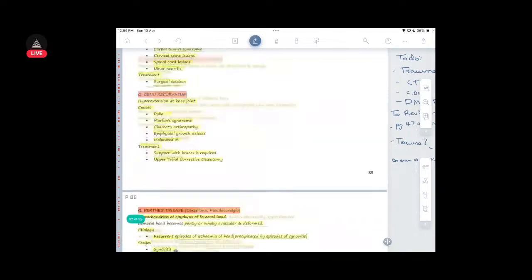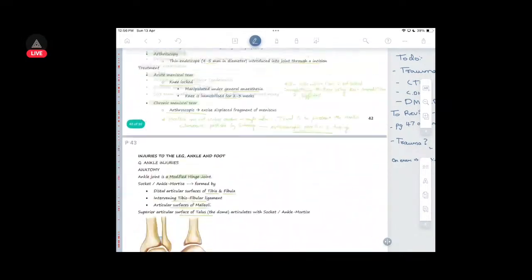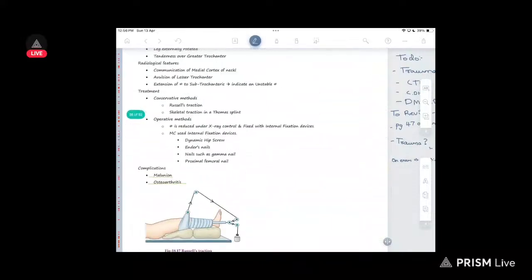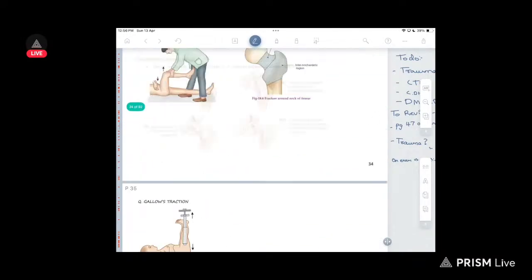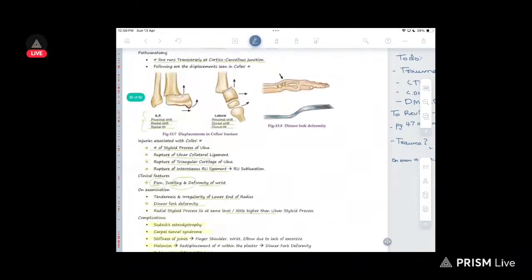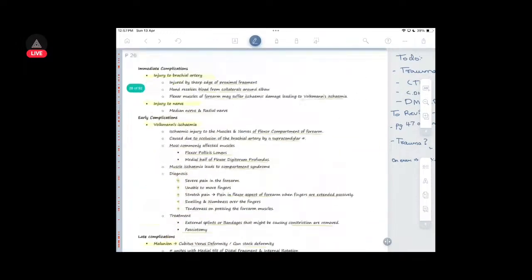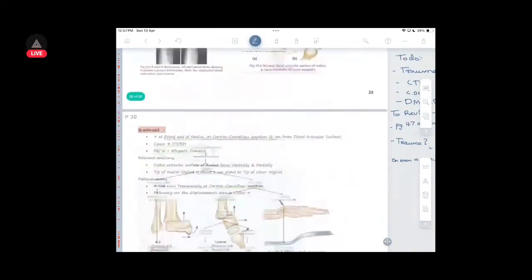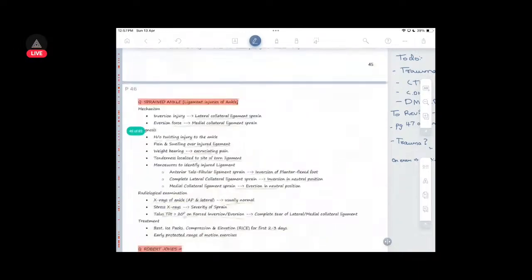Okay, so I guess yeah. Only trauma is left. Trauma is around 47 pages.